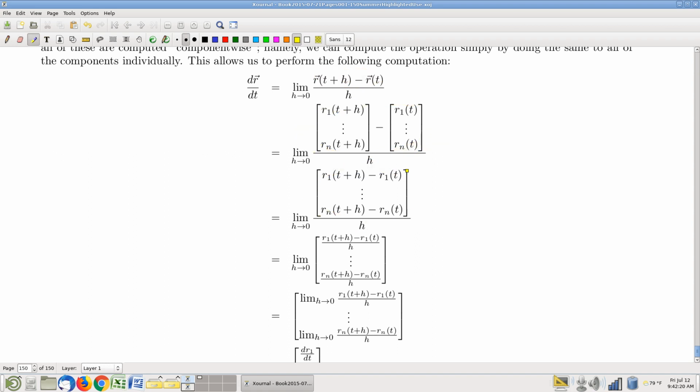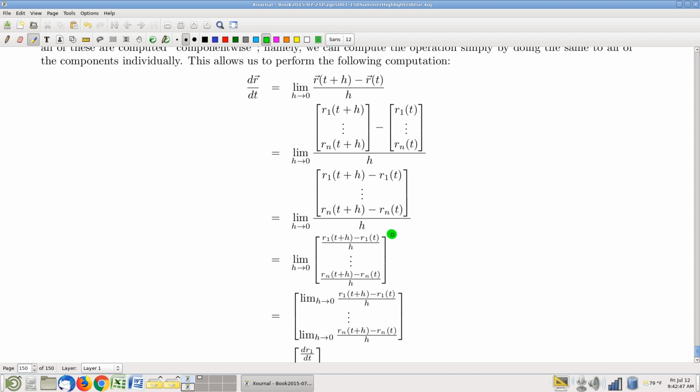Next calculation. I've got to take this vector and divide by a scalar. How do you multiply or divide a vector by a scalar? Answer, component-wise. So that simplifies to that. Dividing the vector by h effectively means you're dividing each individual coordinate by h.